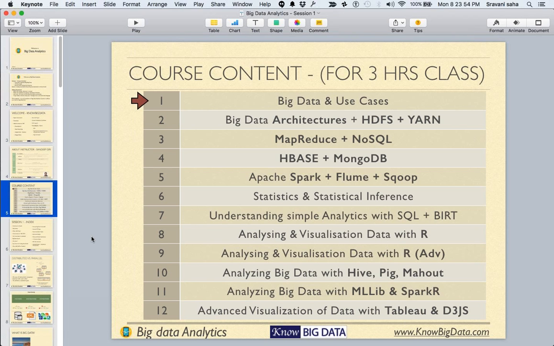From session 6 we will dive into statistics and statistical inference. Given a data set, even if it is small data or big data, the statistics remain the same. It's just the way we compute the statistics that changes.